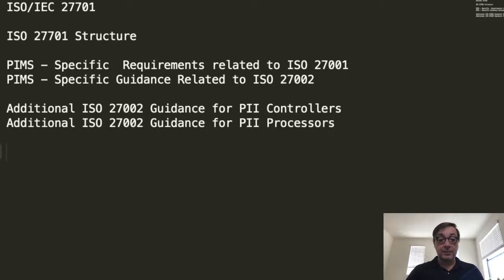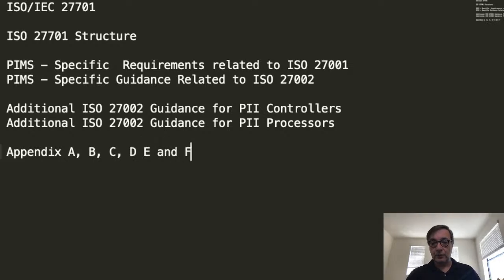And then it comes with a lot of different appendices, which are very helpful actually: Appendix A, B, C, D, E, and F. So that's the structure of the ISO 27701.